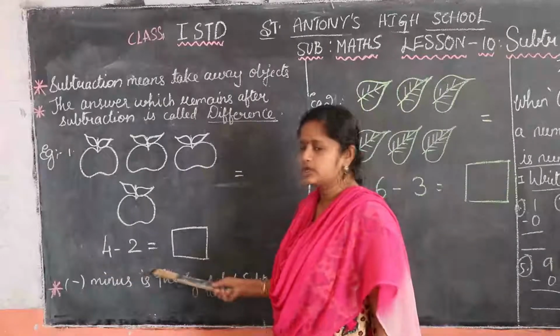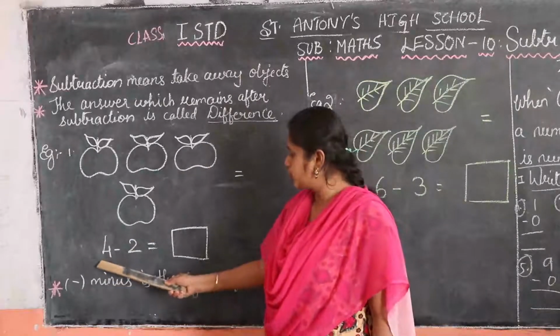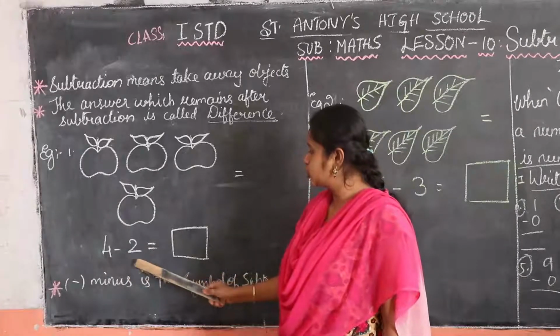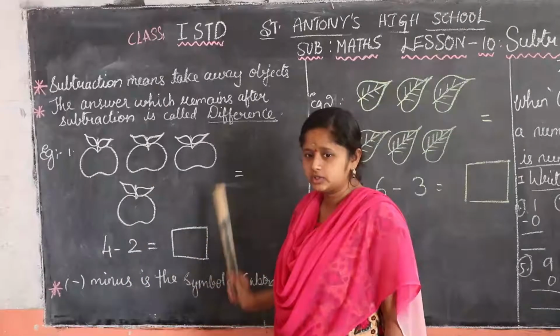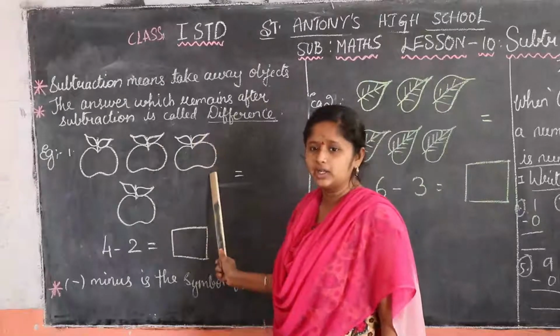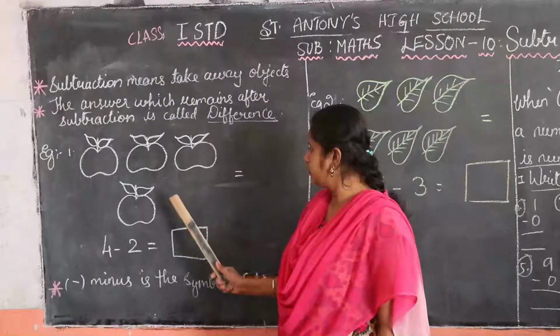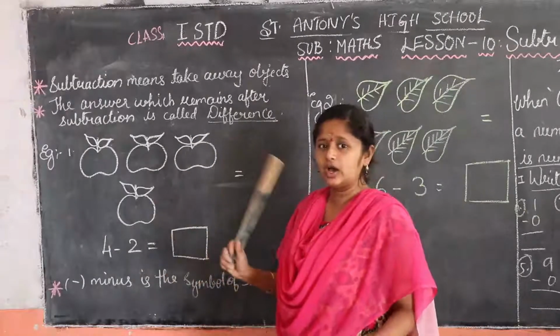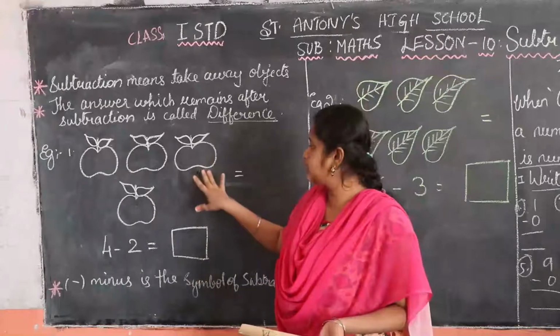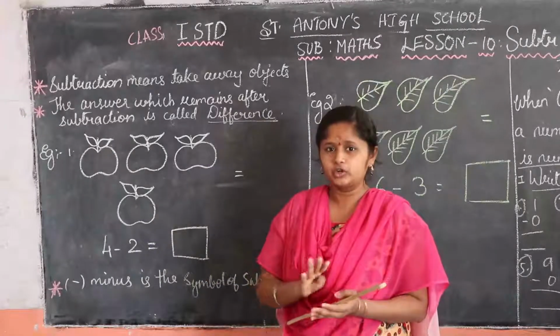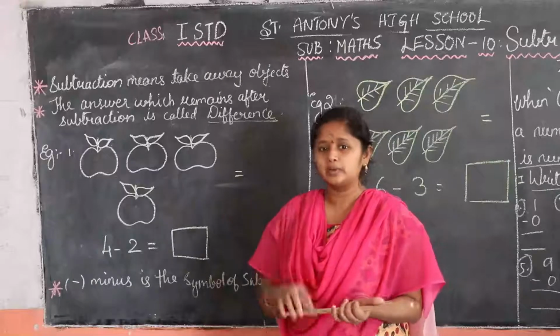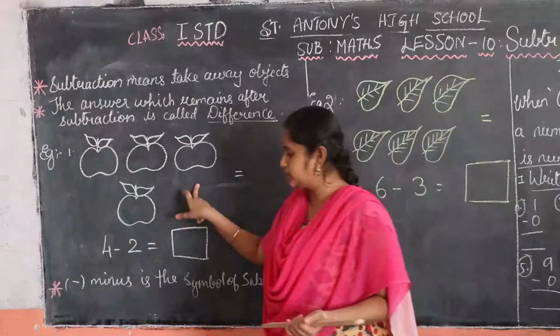So here I have written in number also: 4 minus 2. Mama has given you 4 apples. Out of these 4 apples, how many apples have you eaten? 2 apples.